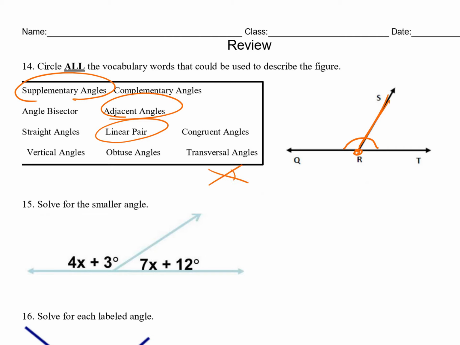Vertical would be across from each other. Obtuse. Well, somebody's got to be obtuse unless it's two right angles, and it doesn't show that. So I'm going to say obtuse. Technically, you'd like to see angle measures there. And transversal angles. No, we don't have any transversal there.